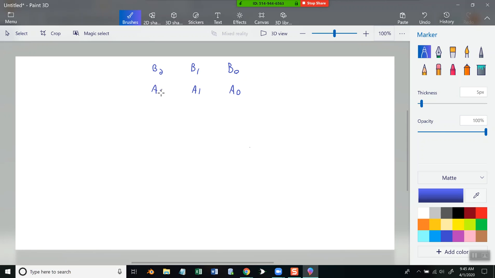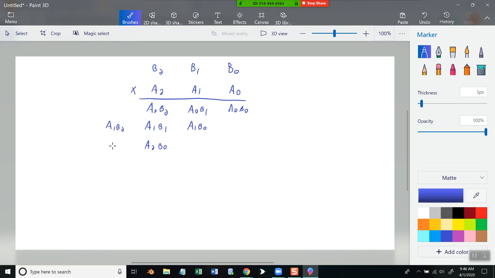Those represent ones and zeros. So multiply these, that gives me A0, B0, A0, B1, A0, B2. Then I'd skip this, come over to this spot, and I take A1 times B0, A1, B1, A1, B2. Then I'd skip 2 spots for this one, and I'd have A2, B0.